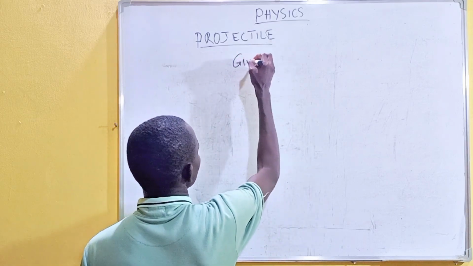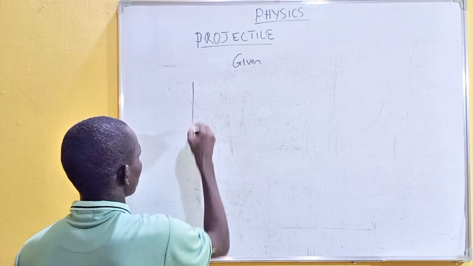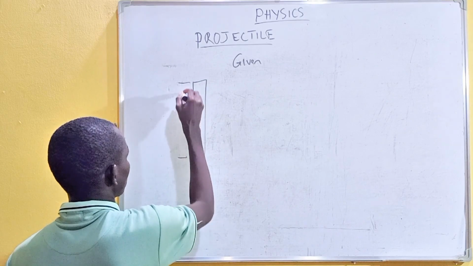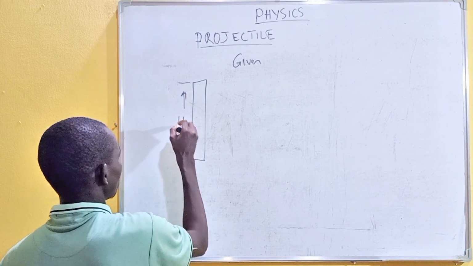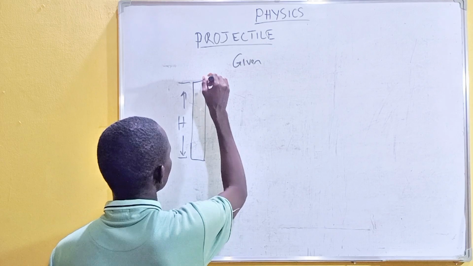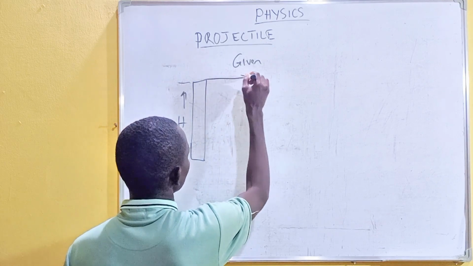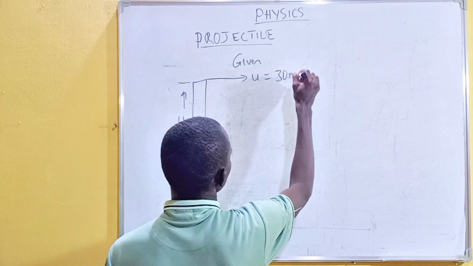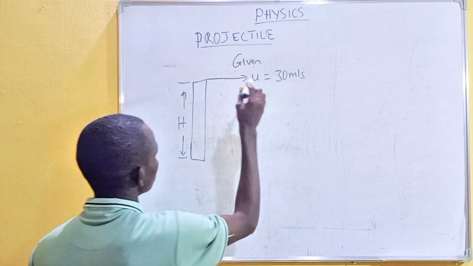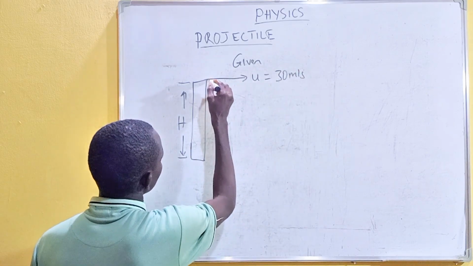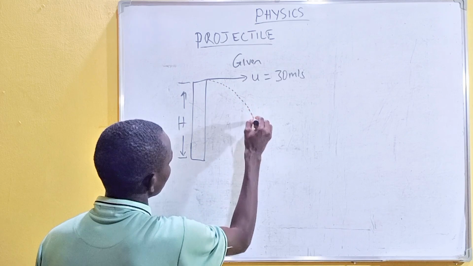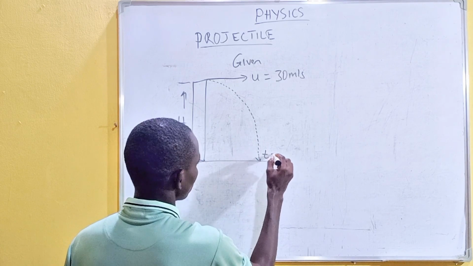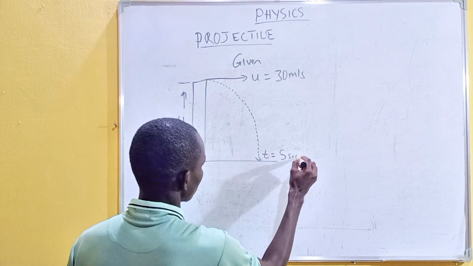Here is the height of the hill, H, and the ball is projected horizontally with a velocity u equal to 30 meters per second from the top of a cliff, and it will move in a curved path until it reaches the ground level in time 5 seconds.